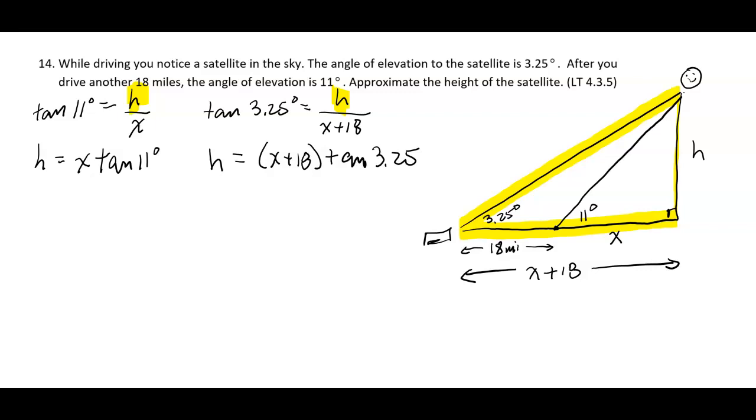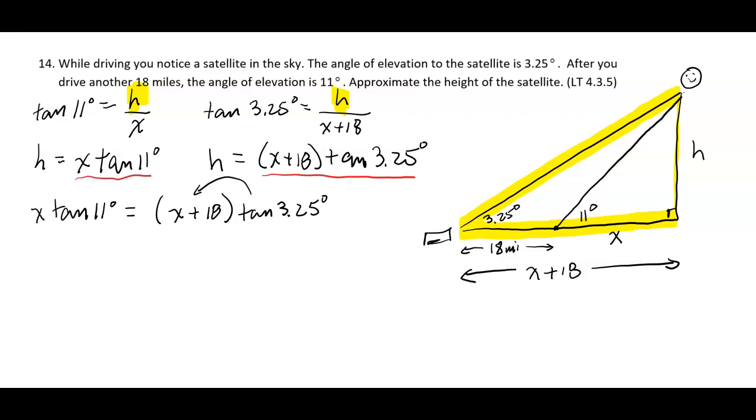And since these are both equal to h, we know they're going to be equal to each other. So I'm going to set these two equal to each other, and that will allow me to solve for x. So I've got x tan 11 degrees is equal to x plus 18 times the tangent of 3.25 degrees.